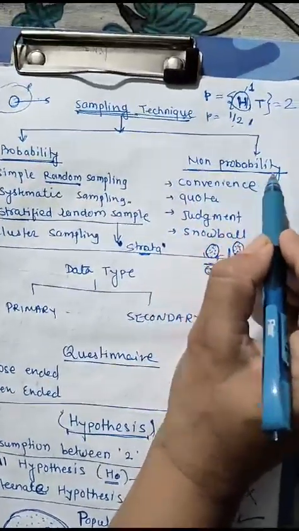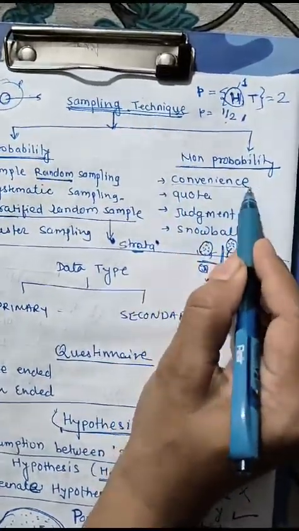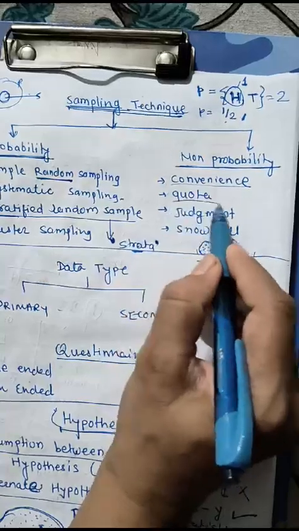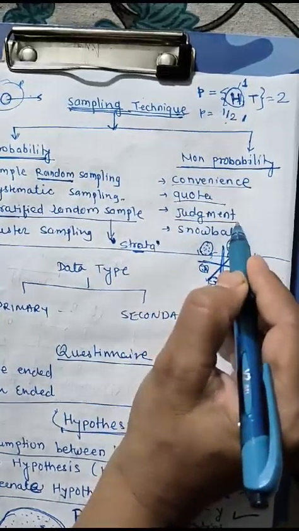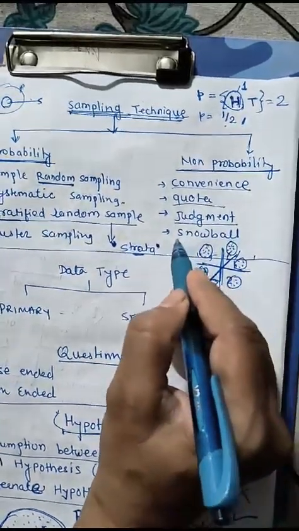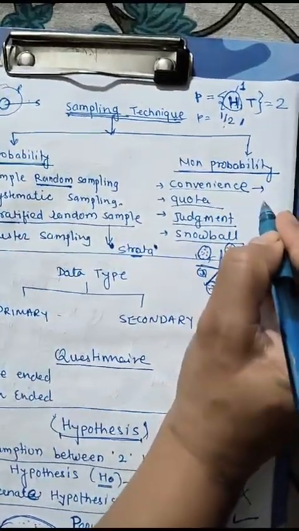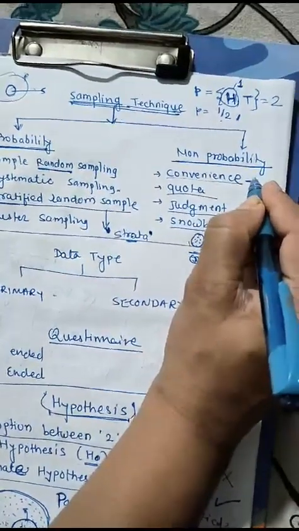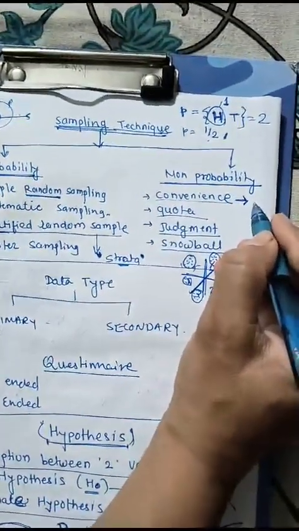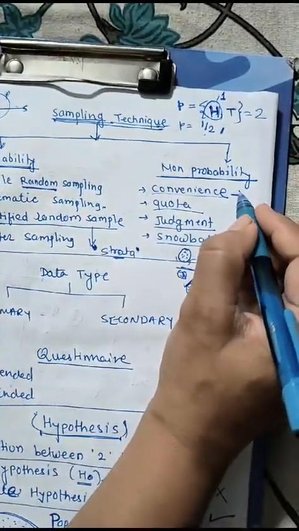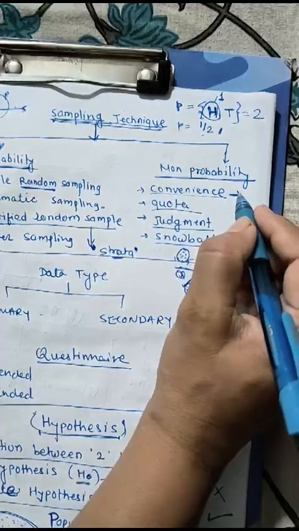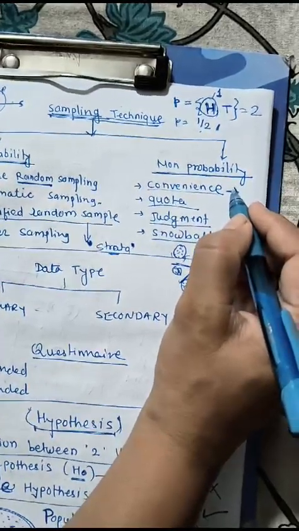Non-probability sampling techniques are convenience sampling, quota sampling, judgmental sampling and snowball sampling. As per the convenience of the researcher, if whoever respondents are available and the researcher collects data from them, that is convenience sampling.